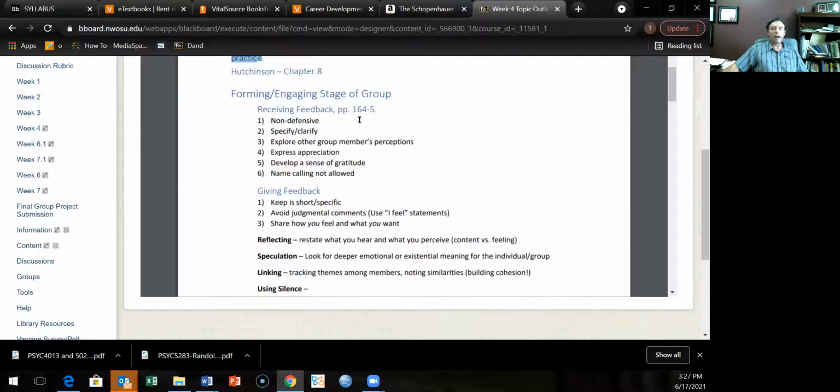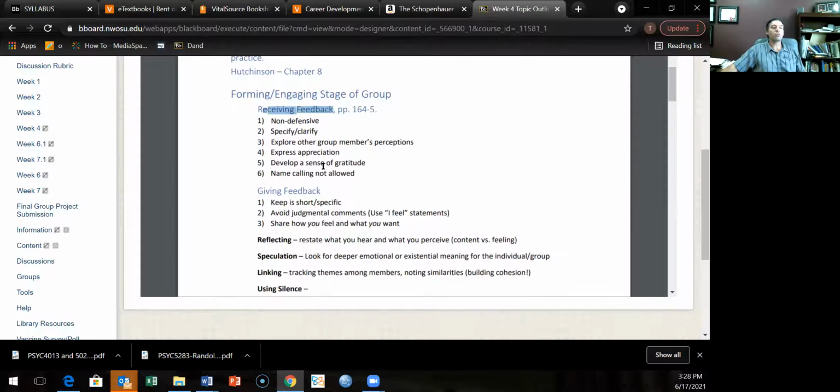And I worked with you a little bit to help facilitate these ideas in the beginning: using I messages, speaking very specifically, being non-defensive, exploring perceptions, speaking for each person individually. So these are some ideas to think about as you're receiving feedback from others, not just the SFA students, but just in general as a group member, because this is what you're wanting to impart as a leader to the folks that are in your group.